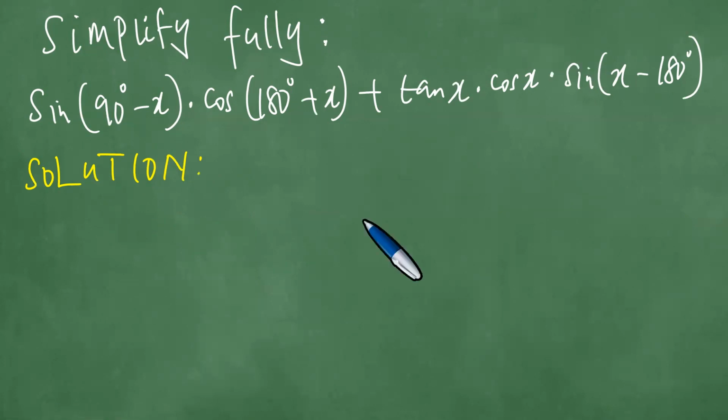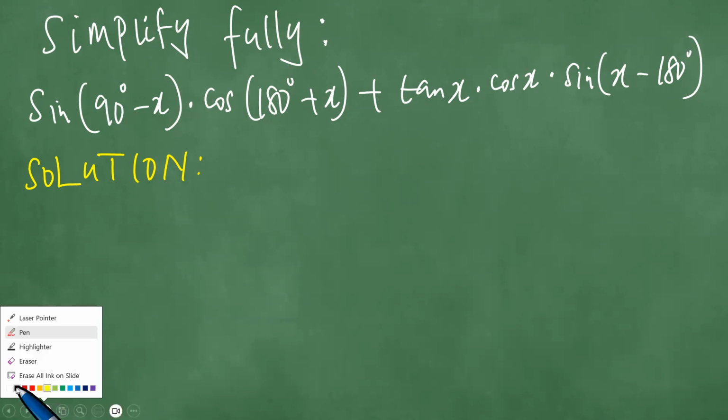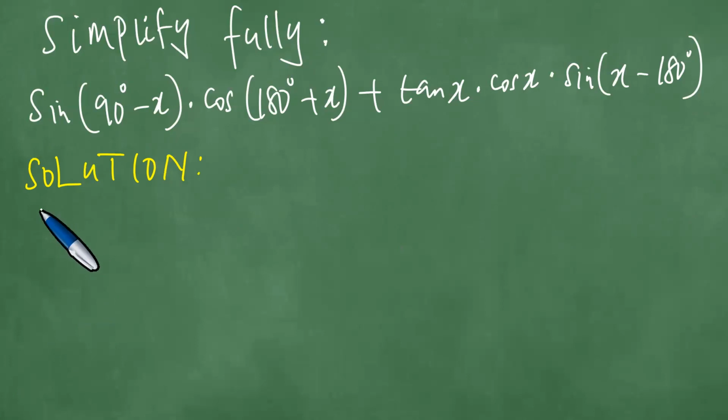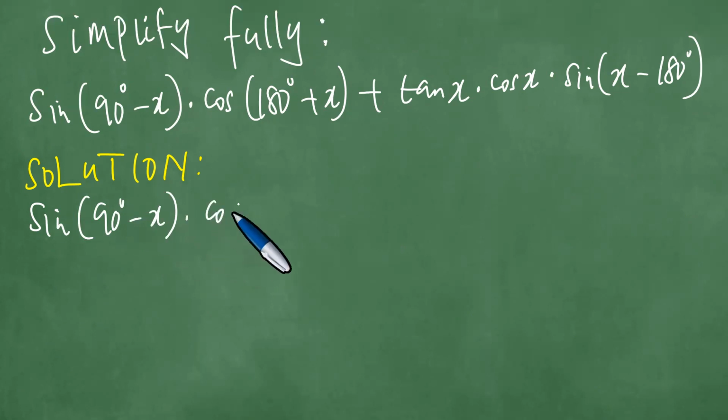In which quadrant is 90 minus x? It is the first quadrant. How many functions are positive in the first quadrant? All of them, sir. Well done. So here, this one is 90 degrees minus x into cosine of 180 degrees plus x.